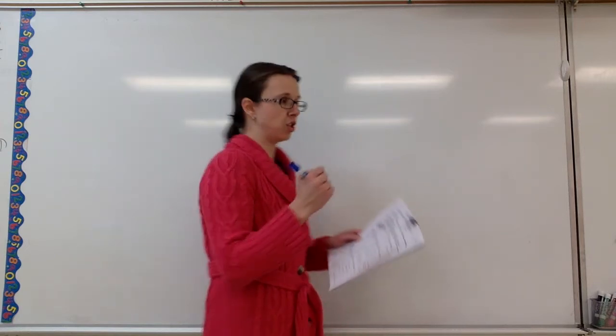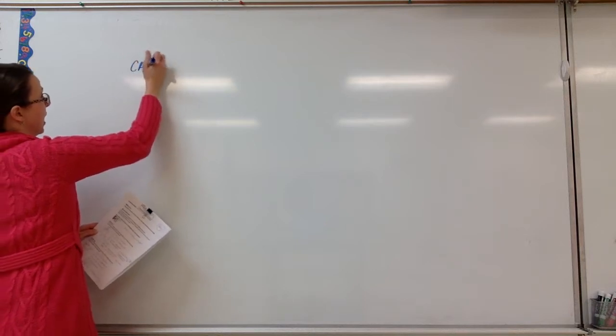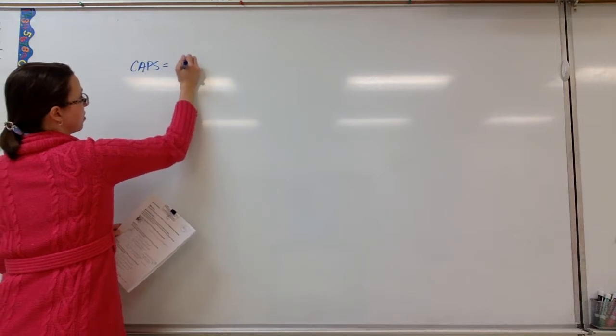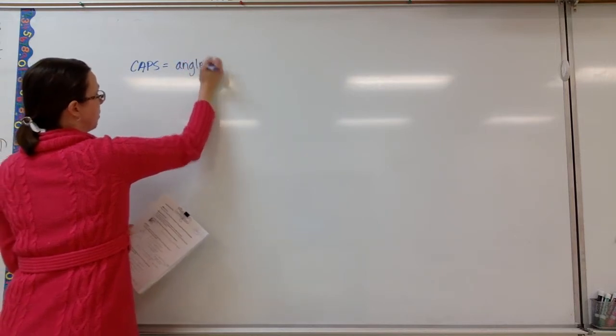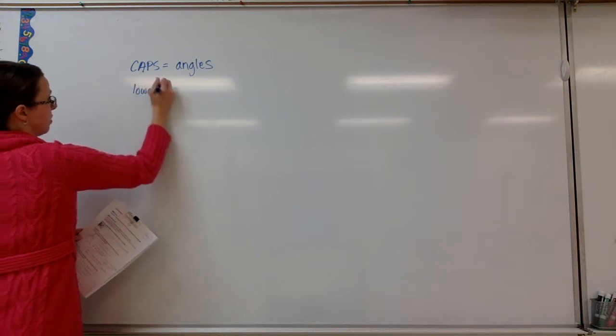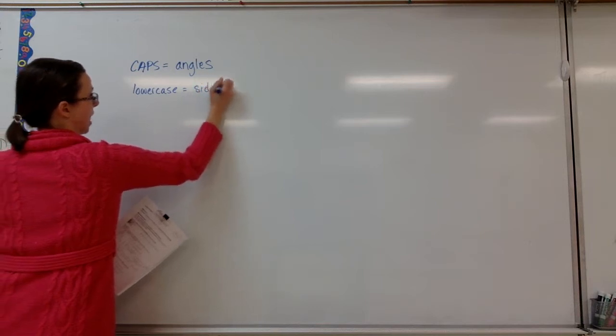I also want to remind you that capital letters are the same as angles. Angles are always labeled with capital letters, and the lowercase letters are sides. So keep that in mind.